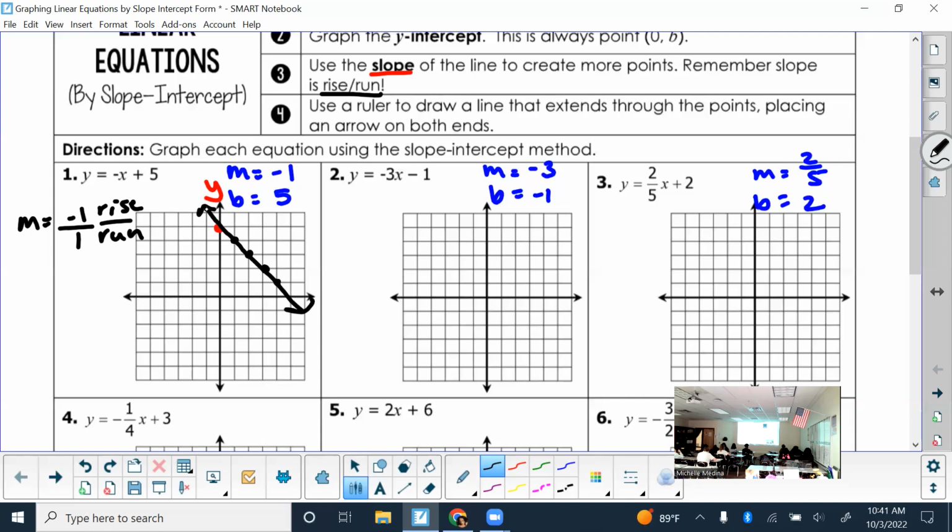All right, questions on that? So make sure the equation is in slope-intercept form. Graph your y-intercept. Use your slope to graph more points, and then connect a line.